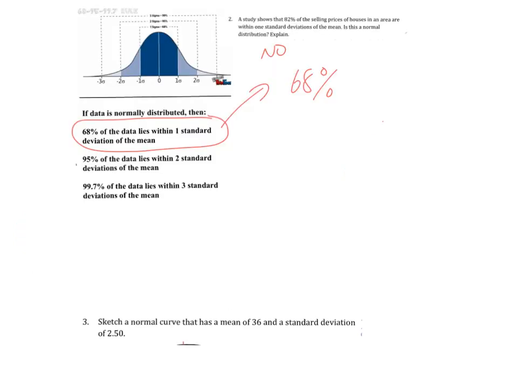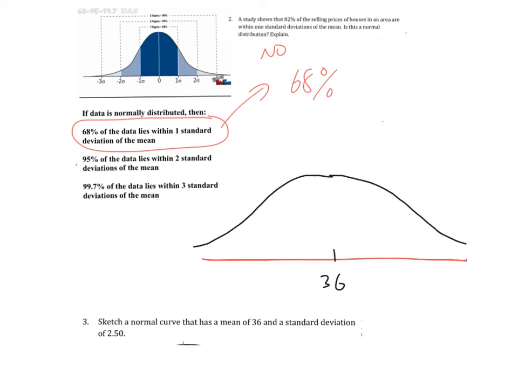Problem number 3, sketch a normal curve that has a mean of 36 and a standard deviation of 2.5. Well, what we're going to do is go to a number line, and we'll set up our mean in the center, which in this case is 36. And a normal curve kind of looks like a bell. That's why they call it a bell-shaped curve. And you know that 68% of the data is within one standard deviation of the mean. And they tell you the standard deviation is 2.5.